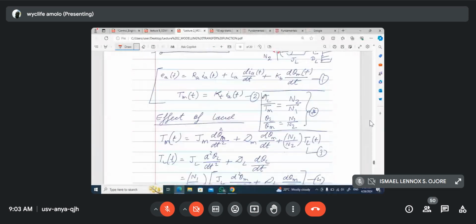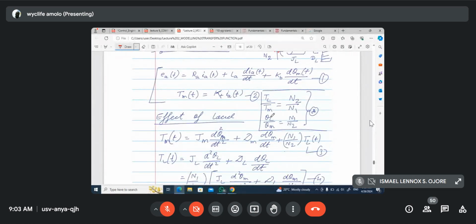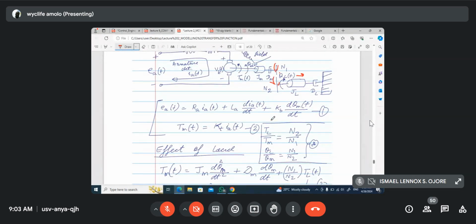It's supposed to be like that. The T load and T machine are then related to theta L and theta M. Theta M and theta L are all acting in the same direction. TM and TL should be somewhere here.